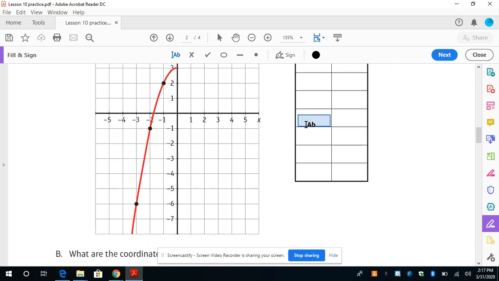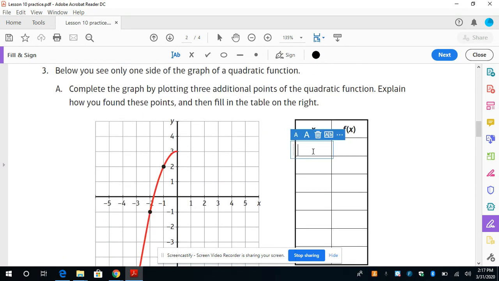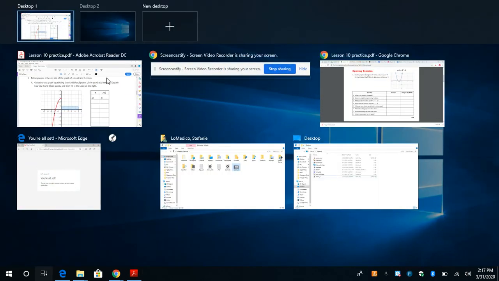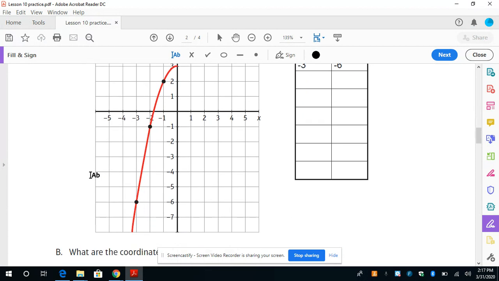So if we have our values, let's see, we have negatives. One point is -3, -6. We'll put that in here. All right, what's another point we got? We have -2, -1.